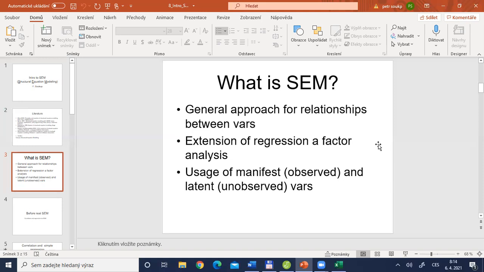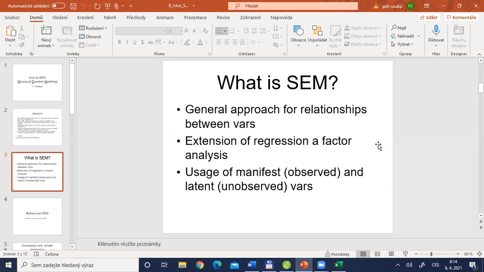And if I go back to the previous lecture about exploratory factor analysis, we discovered that in data analysis we can use variables that are present in our data matrix. We usually call these variables manifest or observed variables. So variables that are present in my data matrix are called observed or manifest. And in factor analysis, we try to find something behind my observed data, something behind my manifest variables, and these hidden, latent, unobserved variables were called factors.